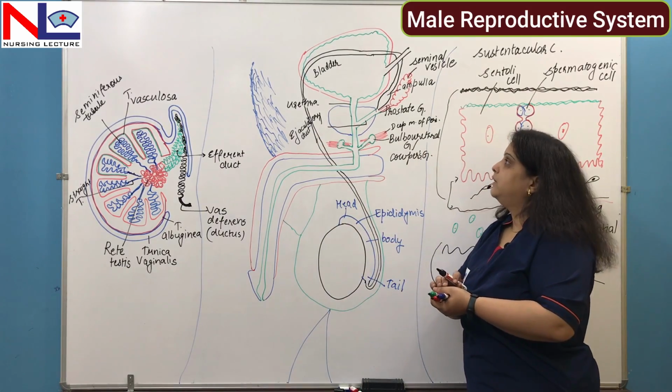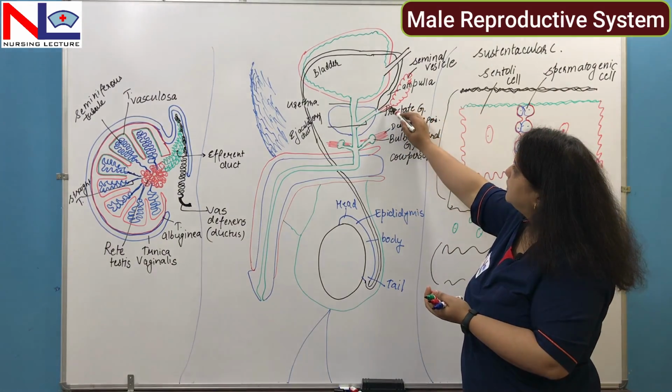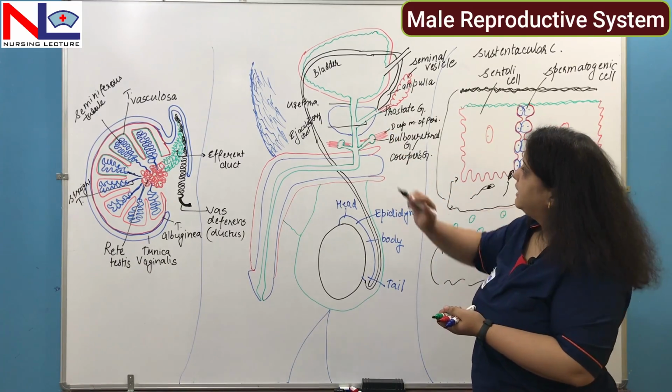So how is this ejaculatory duct formed? The dilated portion of the vas deferens and the duct of the seminal vesicle merge together to form the ejaculatory duct.